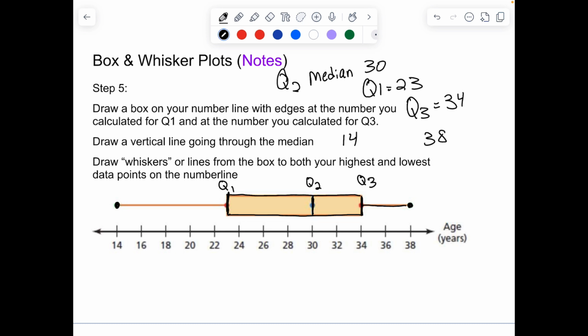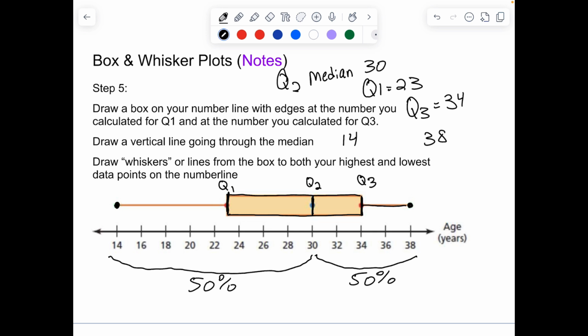Okay, so what this says is that half of your data, 50% of your data, is between the lowest point and your median, and then the other 50% of your data is between your Q2 and your highest point.